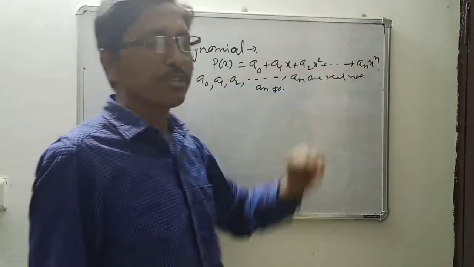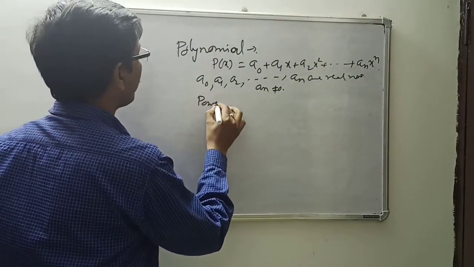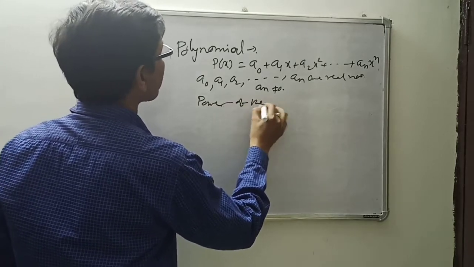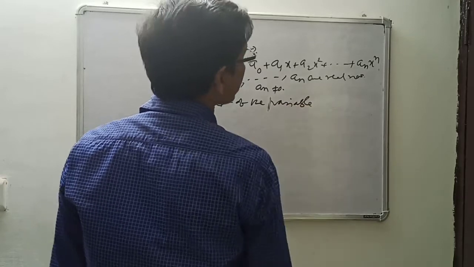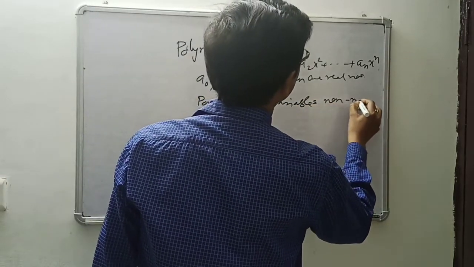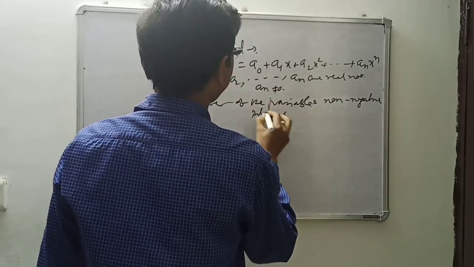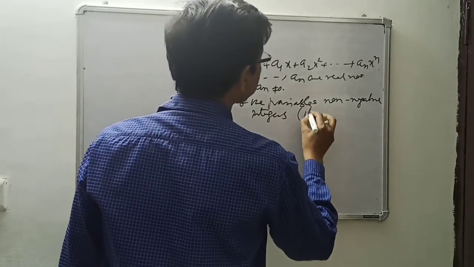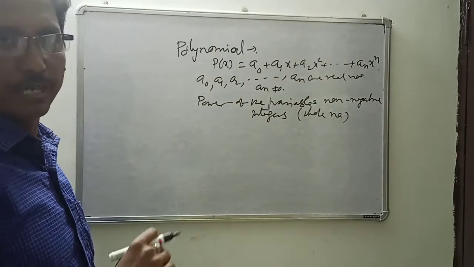The powers of the variable should be non-negative integers, or simply whole numbers. That is known as a polynomial.